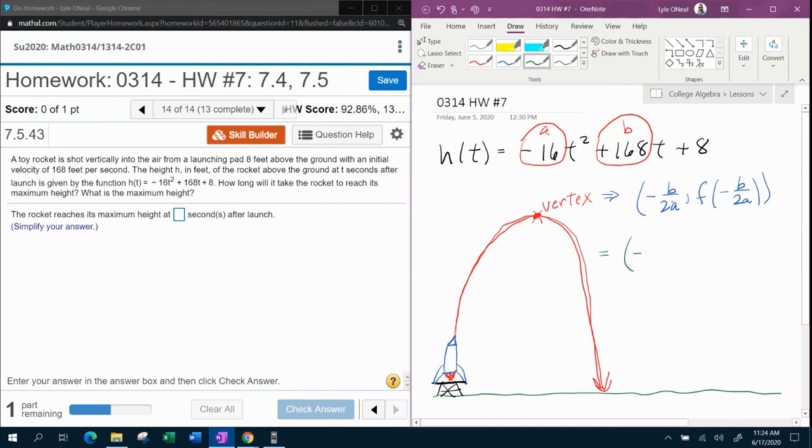So we're going to get minus b, which is 168, over 2 times a, negative 16. And then whatever that works out to be, we're going to plug into the function here to get the y coordinate of the vertex.